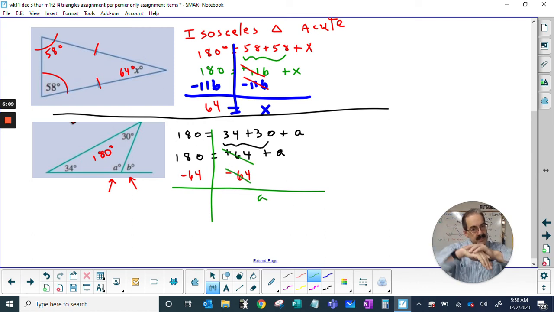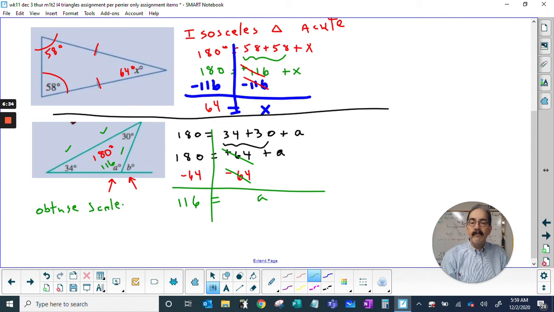We're balancing both sides, subtracting 64 from both. And we get 116 is equal to A. So A is 116. So we have an obtuse and different, scalene triangle.